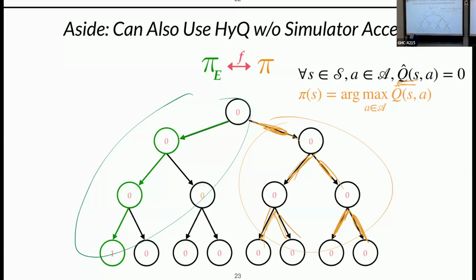So Q star of S2 left is going to be equal to 1, right? Now, because I know I can get reward 1 here, I can back it up the tree, right? So now I know that at the state S1, Q star of S1 left is also going to be 1.